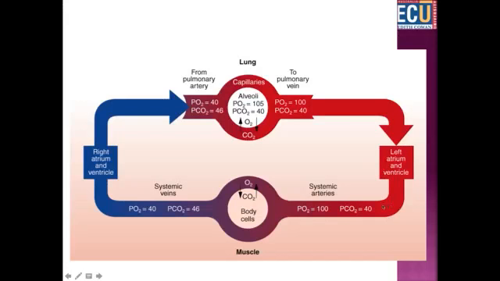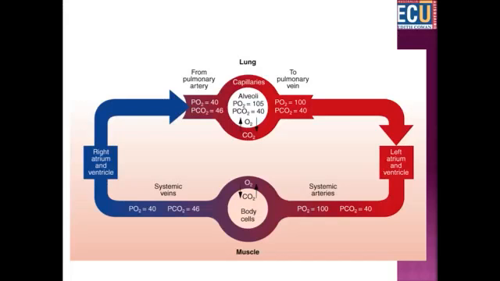Now, as we go to the systemic arteries, the systemic vessels, the muscles, the tissues, every single cell of our body that requires oxygen, those cells diffuse their carbon dioxide into the blood, and the capillaries housing the blood diffuse the oxygen from that oxygenated blood into those body cells.